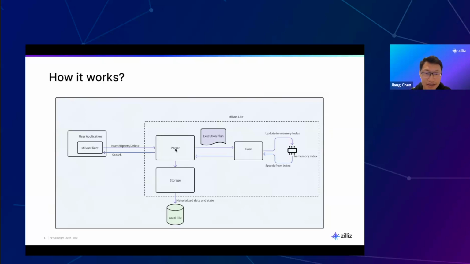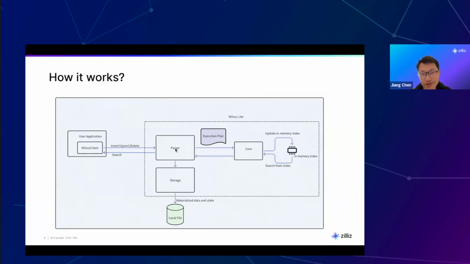On the other hand, we also want to materialize the data insertion and deletion so that next time when you restart the program, all your state won't be lost. It will be reloaded from the local persistent file that we specified in the Milvus client instantiation.